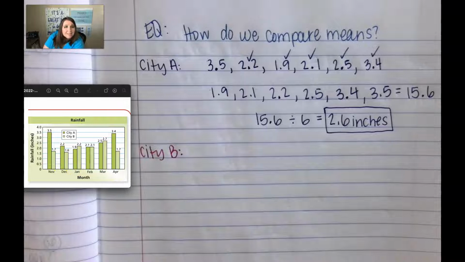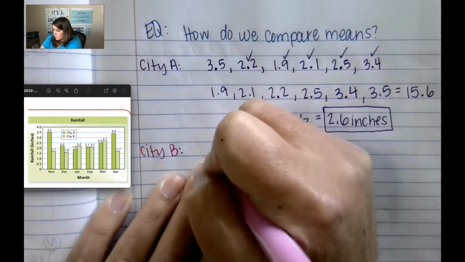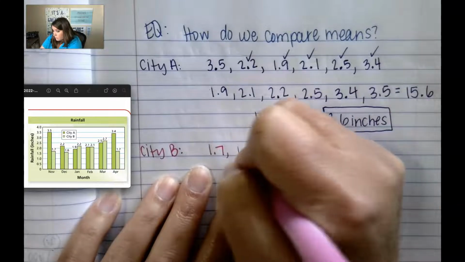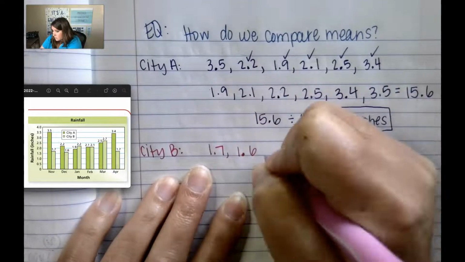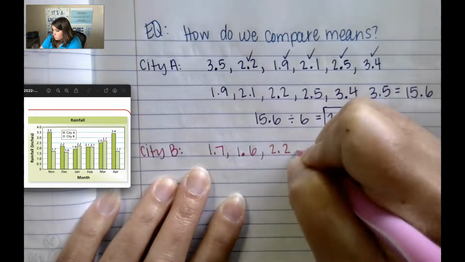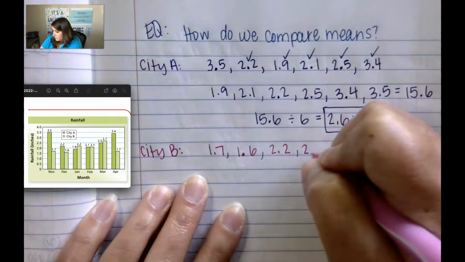Okay, so we're going to look at the second bar and be really careful as we take those numbers. So the first one says 1.7. The second one says 1.6, 2.2, and 2.1.